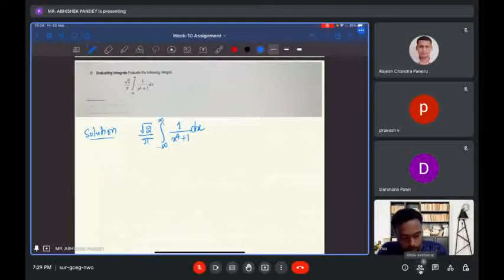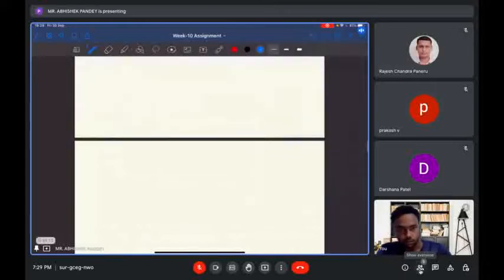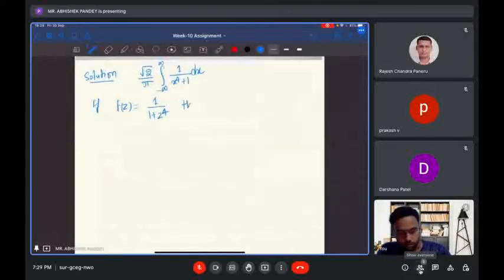Now if f of z is 1 upon 1 plus z to the power 4, then f has its poles at the fourth roots of minus 1.